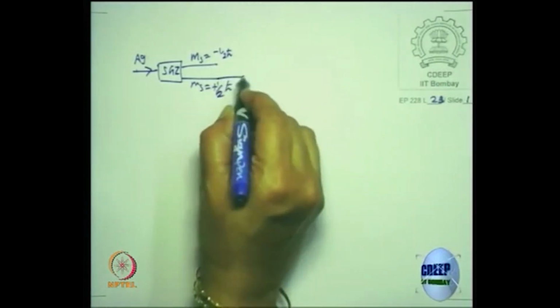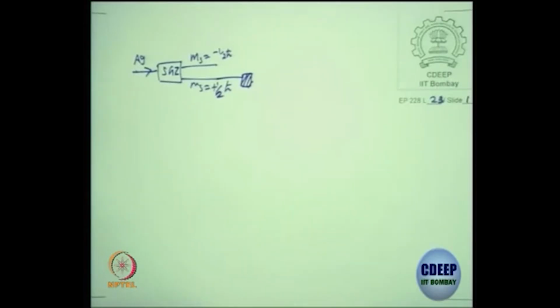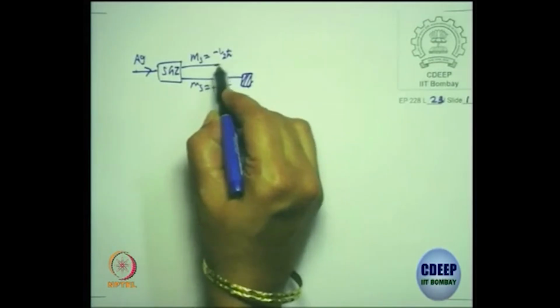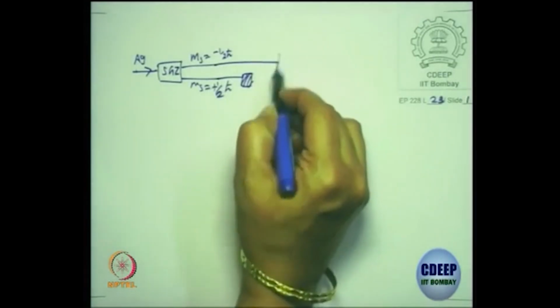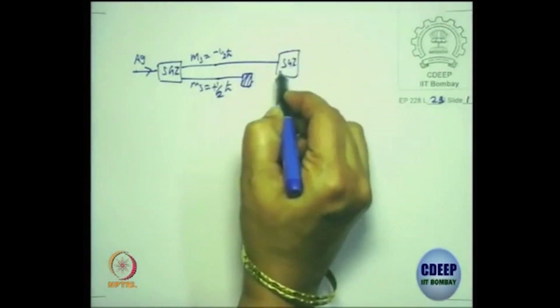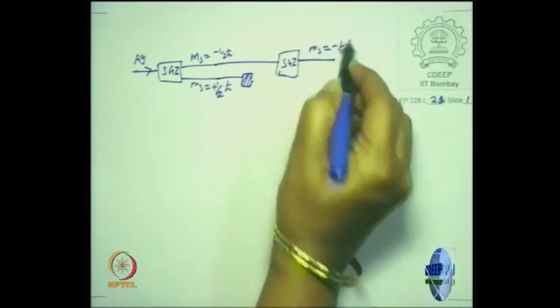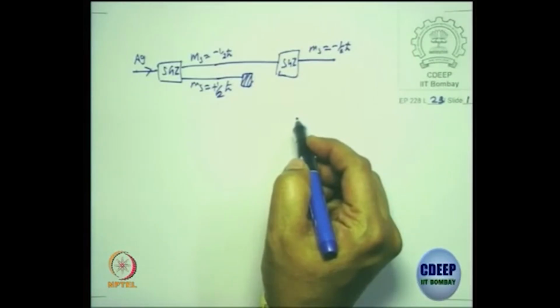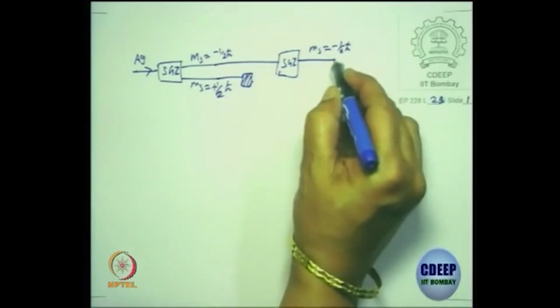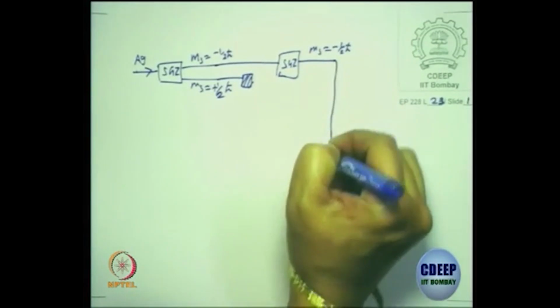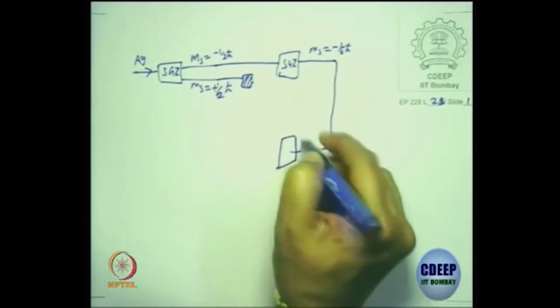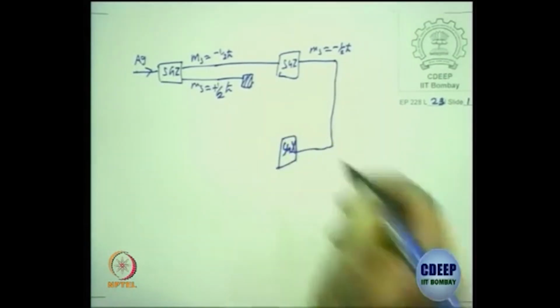I put a stopper here and I make it to get absorbed. I make this beam. If I put another SGZ, it still remains as Ms equal to minus half. Right? And I take that beam, I put it through SGX.